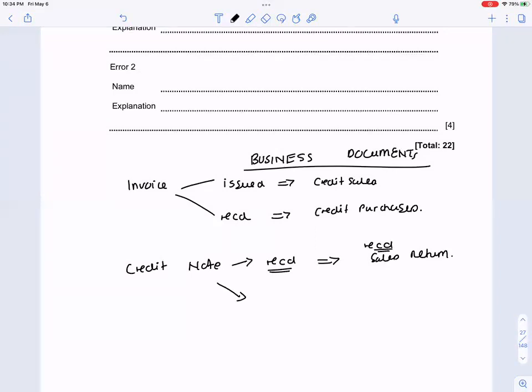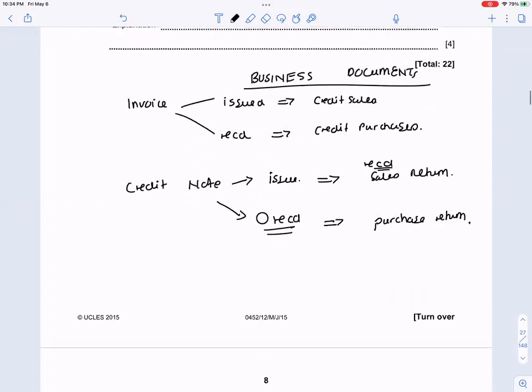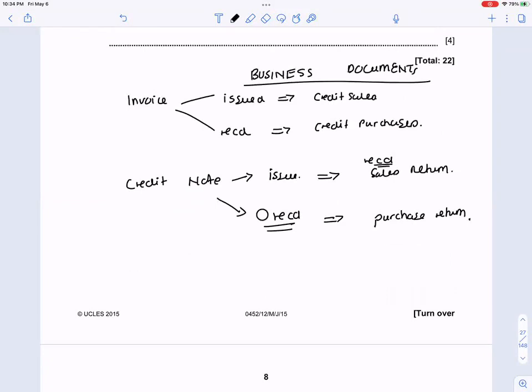If you have issued a credit note, that means you have received sales return. If you have received a credit note, that means you have done purchase returns. Just memorize it this way: invoice issued, credit sales. Invoice received, credit purchases. Credit note issued, sales return. Credit note received, purchase return.